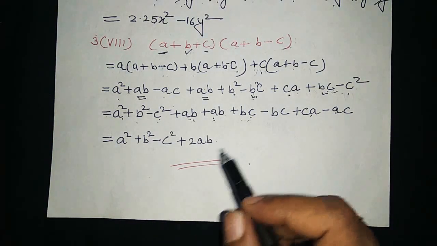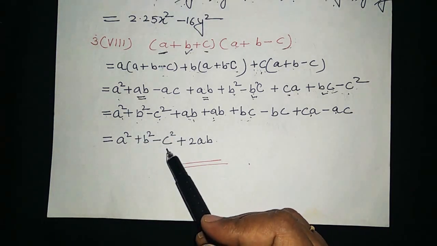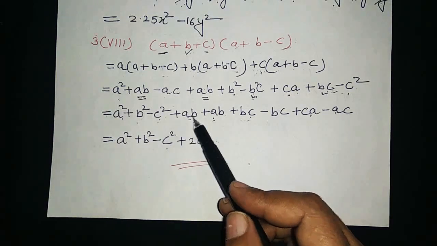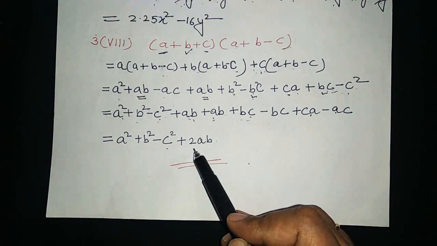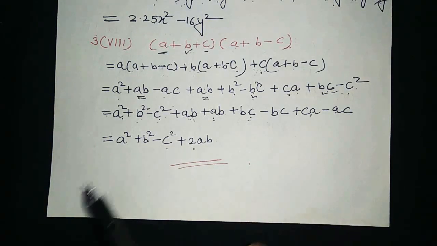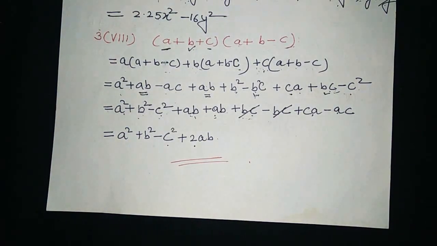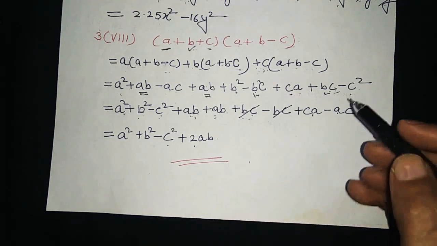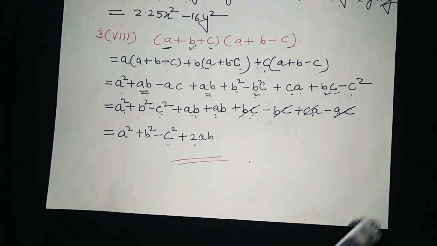Now we will solve. a square plus b square minus c square we will write, and ab plus ab, when we add we get 2ab. Clear? And this plus bc minus bc, for this we get 0, which is no need to write. And here plus ca and this minus ca or minus ac, you can cut and here 0 will come.